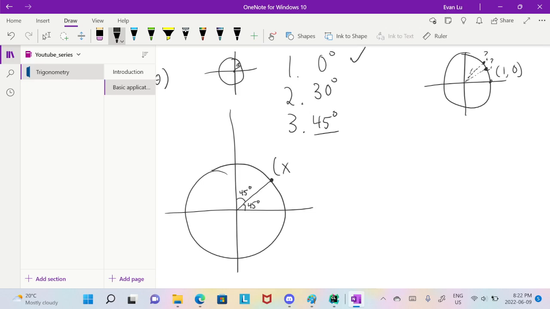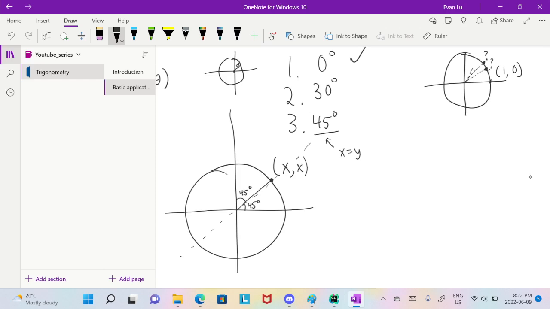So if it was x comma y, then because it's right on this middle line, and this middle line is actually the line x is equal to y that has an angle of 45 degrees, we can just say that this is going to be x comma x, because they should be the same coordinate.